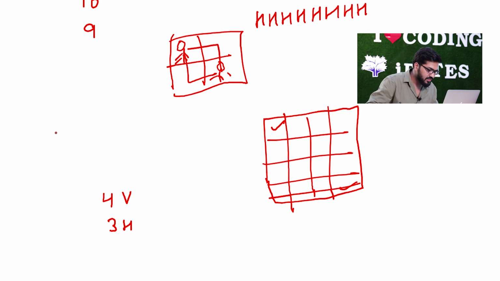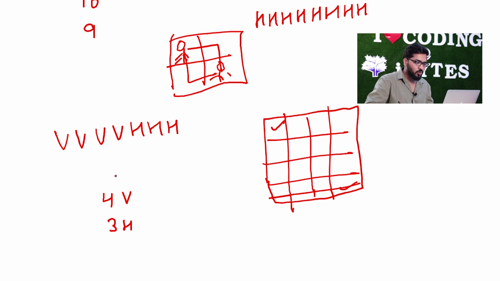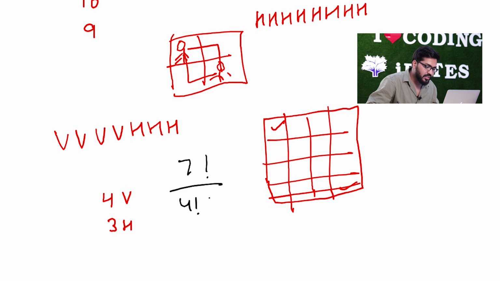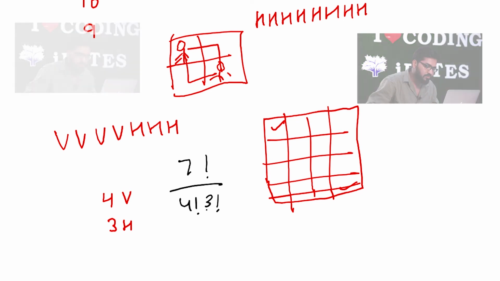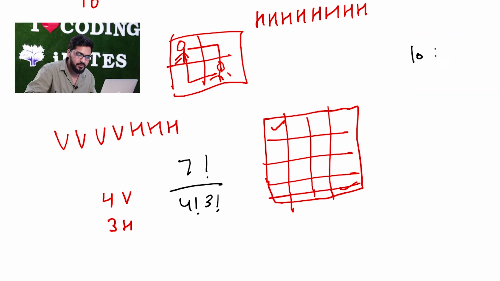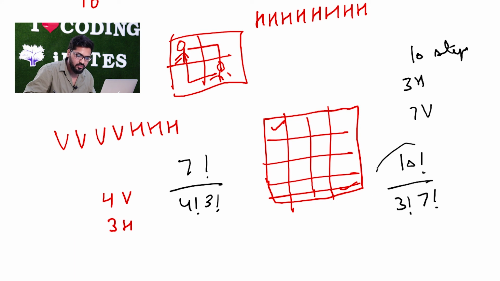Let's say one of them is V, V, V, V, H, H, H. In total there have to be 7 steps, out of which 4 are V and 3 are H. From permutations and combinations, for such a problem we can simply do 7 factorial upon 4 factorial into 3 factorial. Let's say we have to take 10 steps, 3 horizontal, 7 vertical. We can simply take 10 factorial upon 3 factorial into 7 factorial.